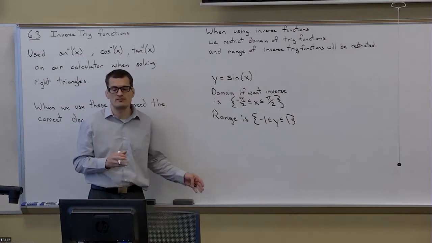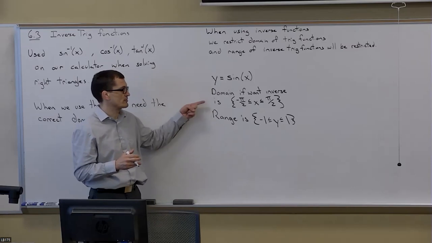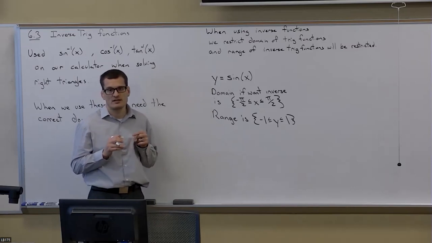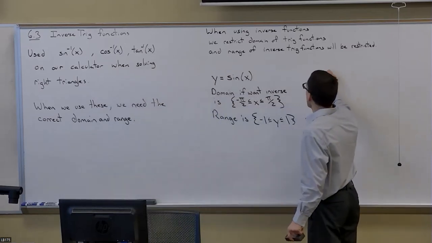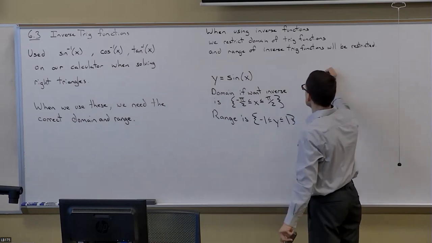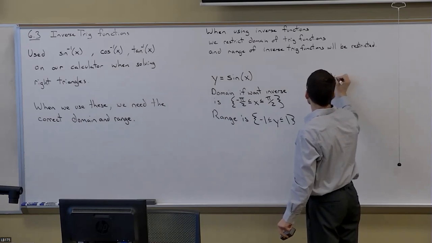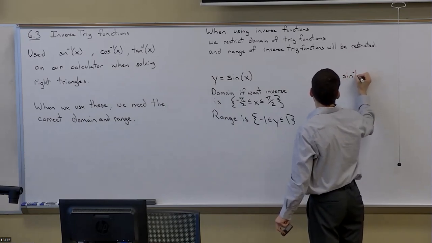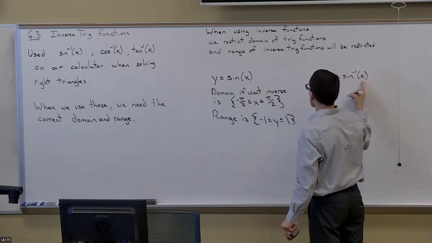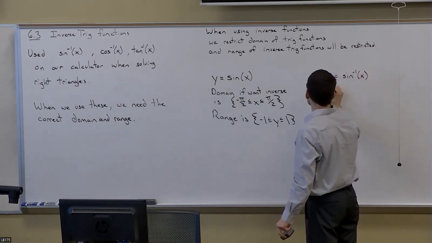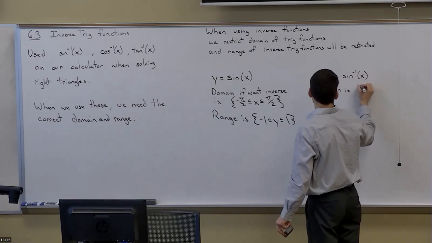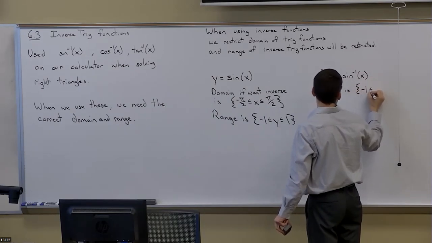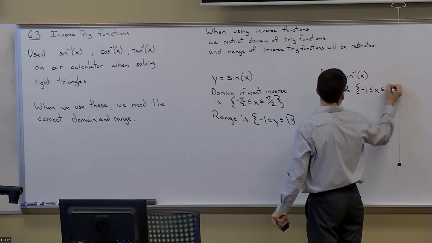So if I want to have a true inverse, if I want to make this a 1-to-1 function, I have to restrict the domain. And therefore, if I have an inverse trig function, f of x equals sine inverse of x, obviously this is defined where the domain is between -1 and 1.